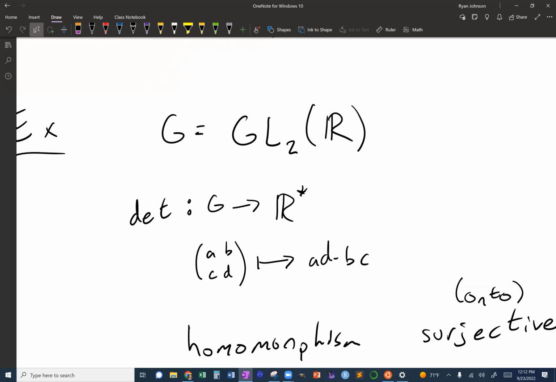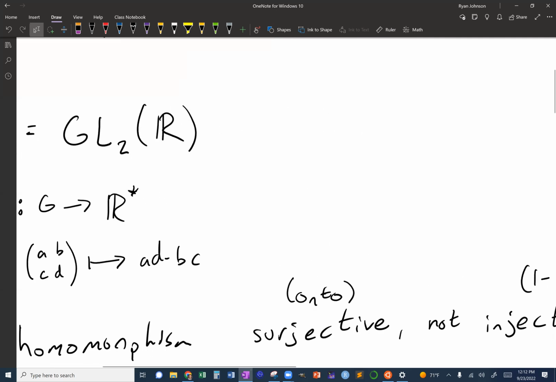Yep. And do you remember, this is okay if you don't remember, that we had a special name for the matrices where AD minus BC equals 1? It was very special. It's the special linear group, SL2.